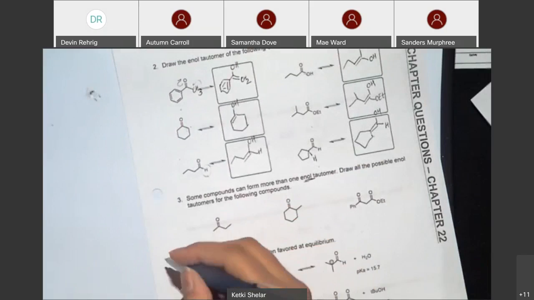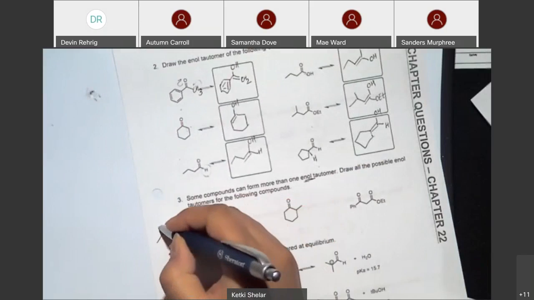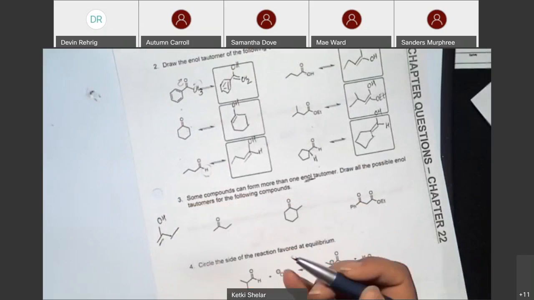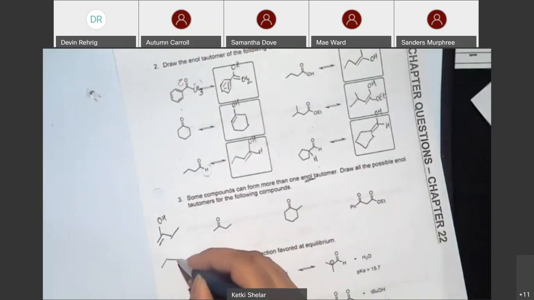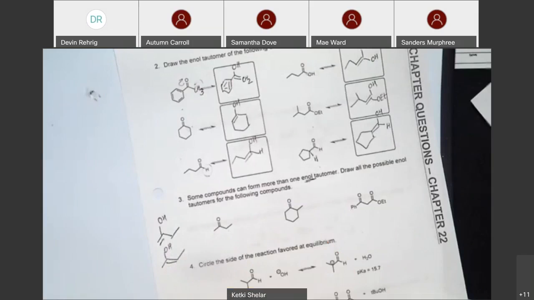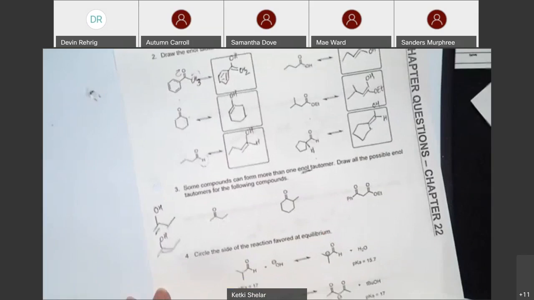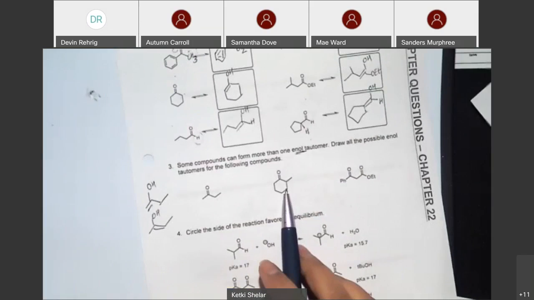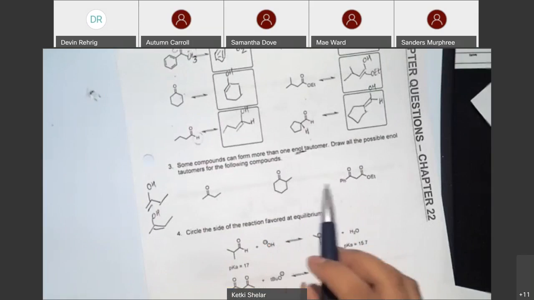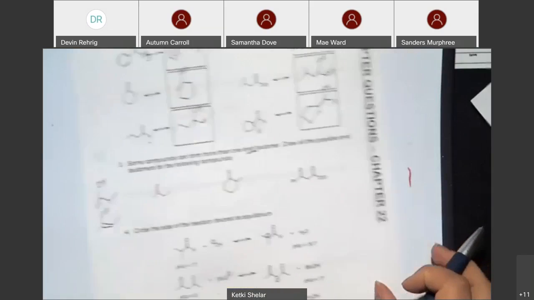So there are two kinds of enols expected. One will be from this side and the other from the other side. Okay. For this question, let's discuss this afterwards. Let's go through this first.